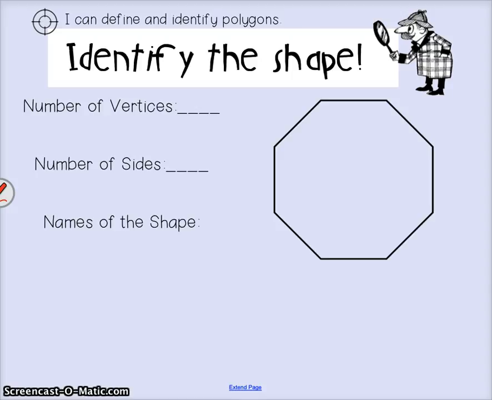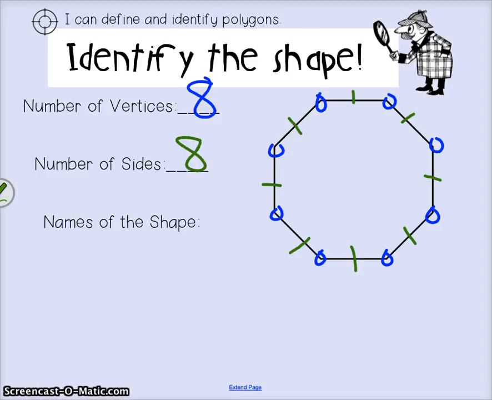What about this shape? 8 vertices. 8 sides. And the name of this shape is an octagon.